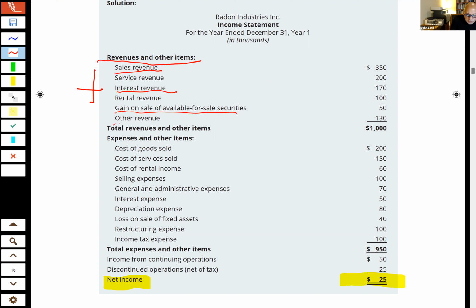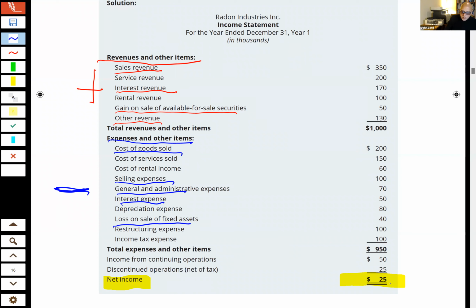Some things are so small we just stick them into other revenue. Anything that increases my net income goes into one big chunk. Then anything that decreases my net income, such as cost of goods sold, selling expenses, general and administrative, interest expense, losses, goes into one big section.